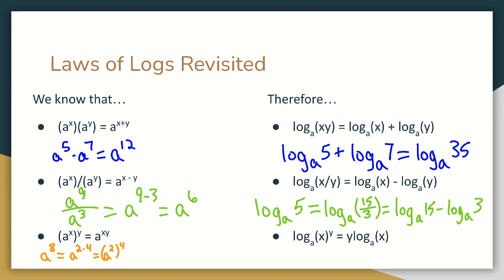It might also be worth noticing that if we switched the order and did 4 times 2, then it also equals a to the 4th power squared. Either of those, they're equal to each other.